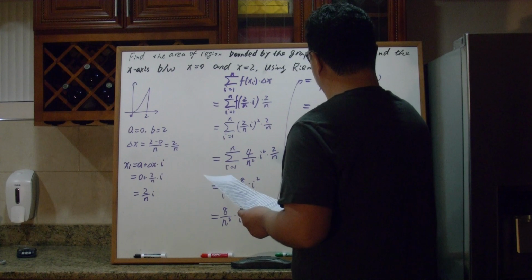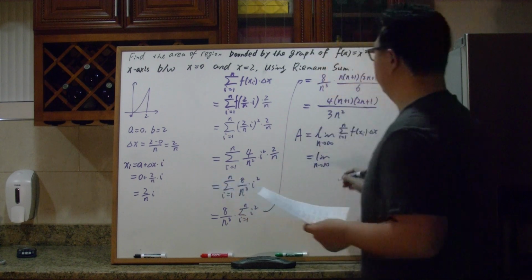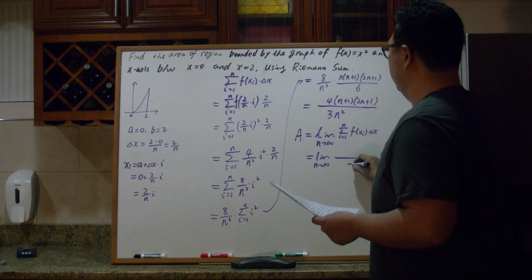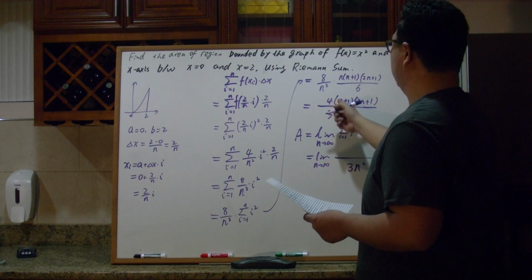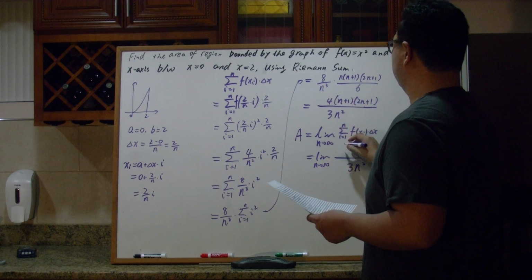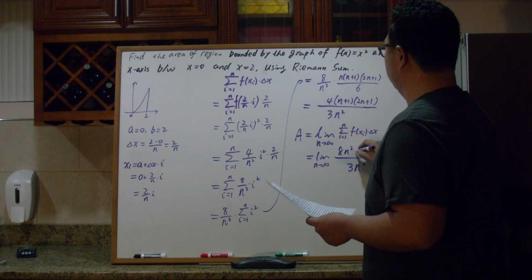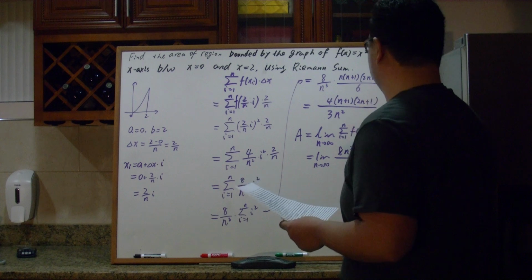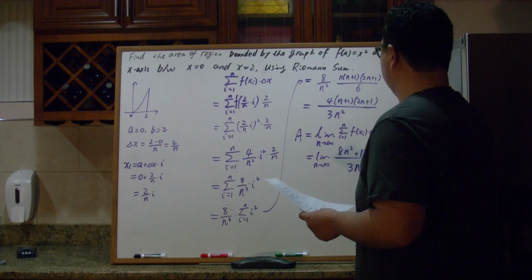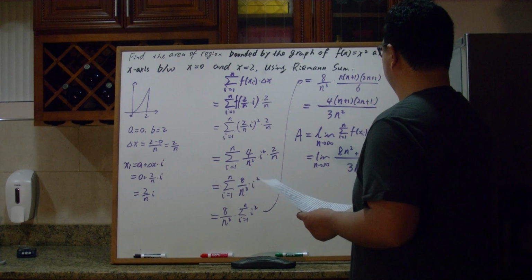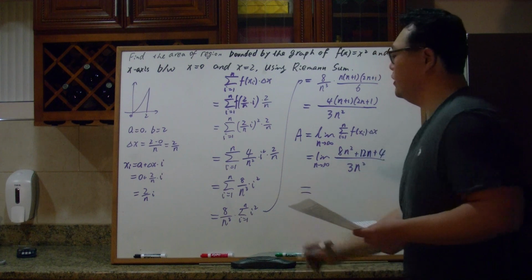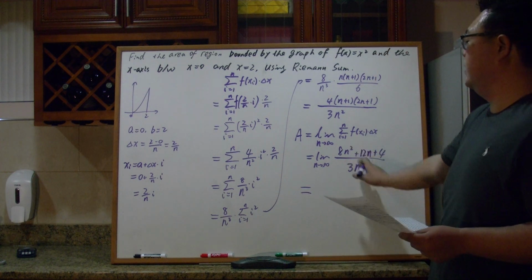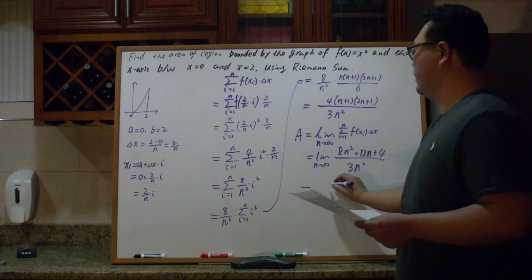We can expand that out. That is 2n squared, that's 8n squared, plus 12n, plus 4. And from the knowledge of precalculus, this thing has to be 8 over 3.